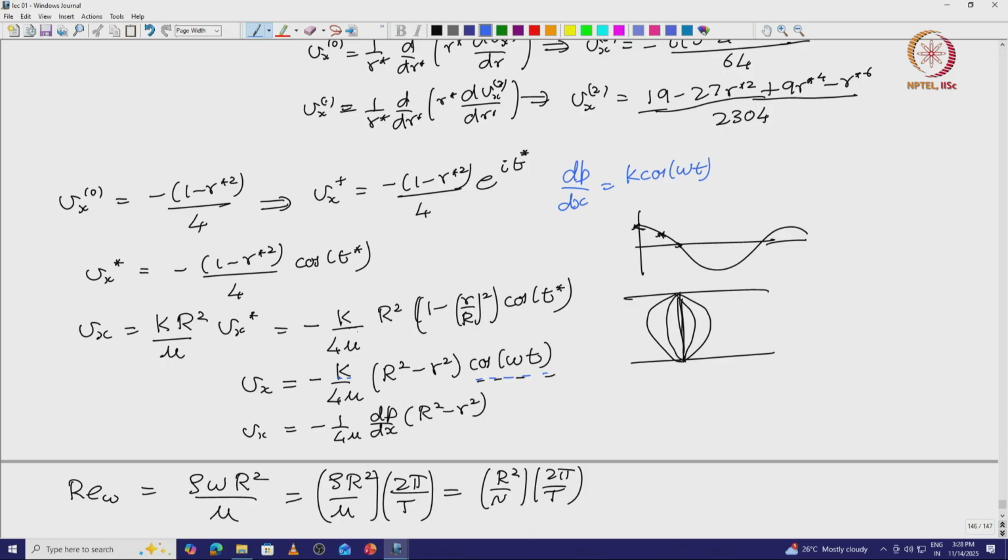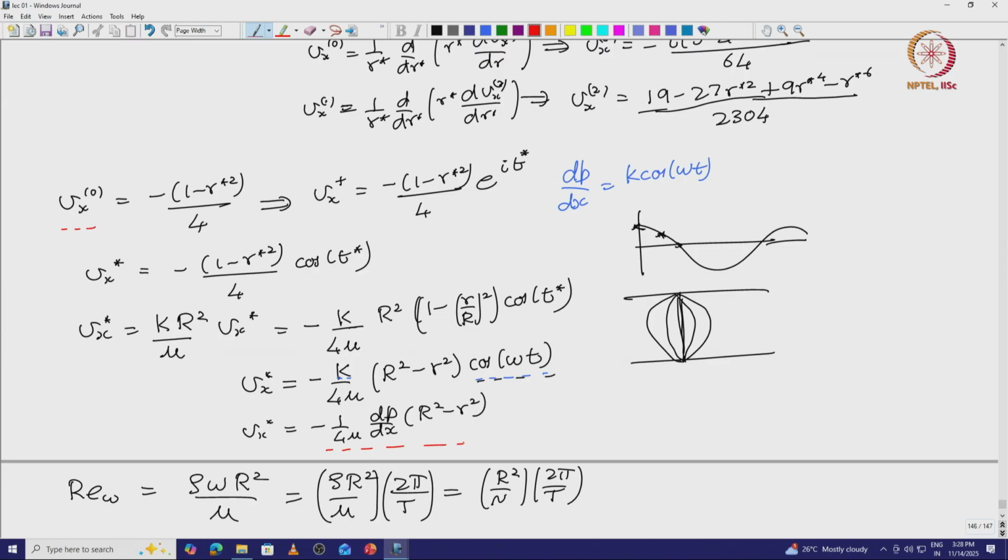And I had given you some physical insight into why this Vx 0 turns out to be of this particular form. Based upon the solution for Vx star, if you include only the viscous terms in the equation, it turns out to be identical to the solution you would have for a steady pressure gradient.